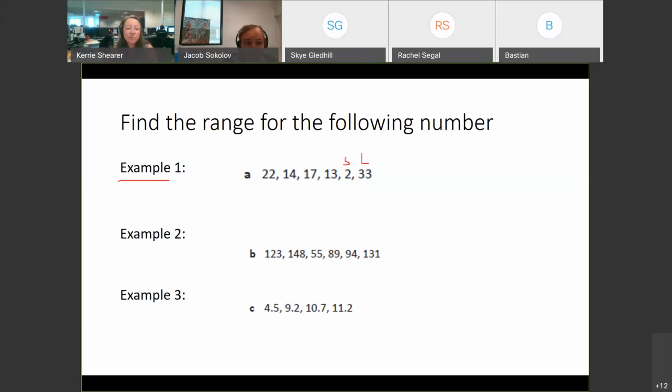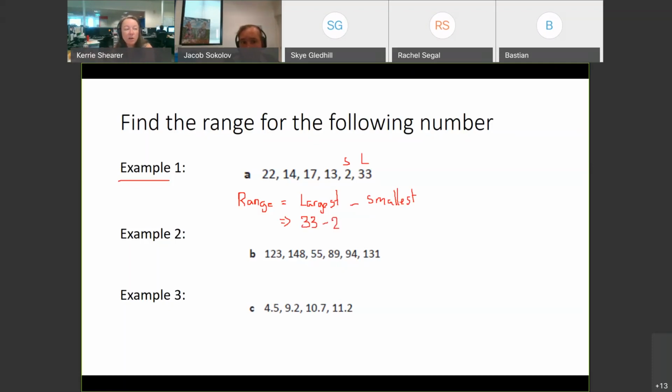So remember, when I'm writing this in my book and trying to learn the concept, I'll write out the formula. So range equals largest number minus the smallest. I do this for science, I do it for maths. I actually write 33 minus 2 equals 31.